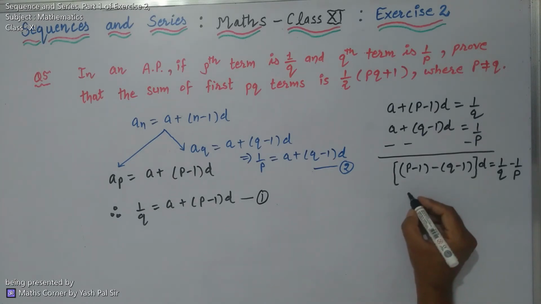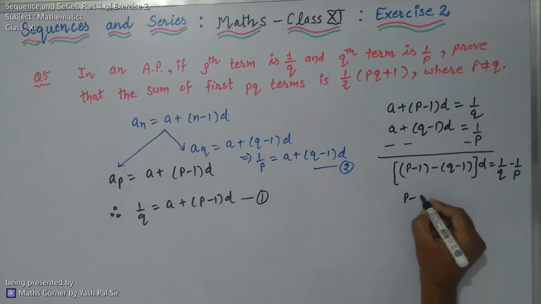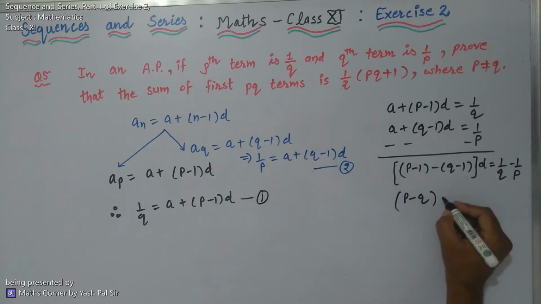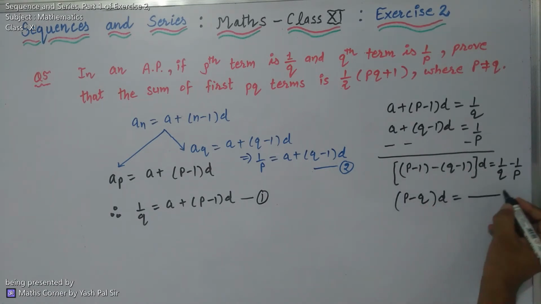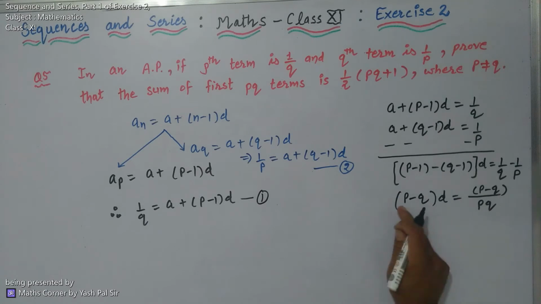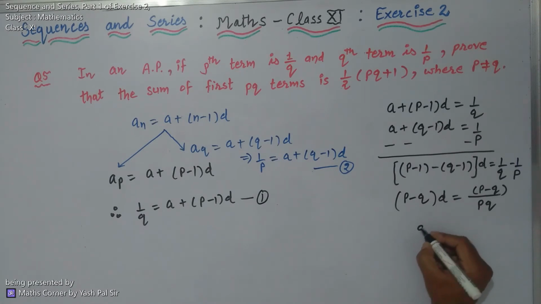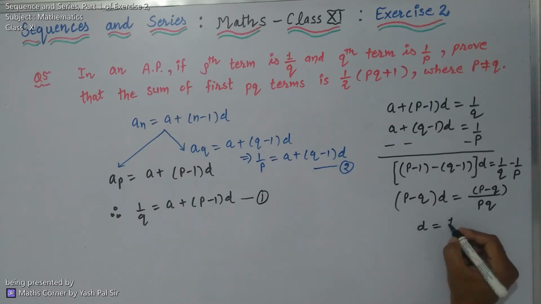So this is equal to p minus q, minus 1 plus 1 cancelled, into d is equal to p minus q upon pq, pq is the LCM. Because p is not equal to q, so we can cancel these terms in the numerator. We are left with d is equal to 1 upon pq.